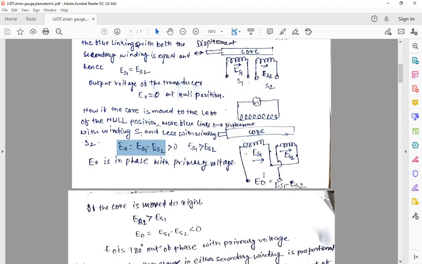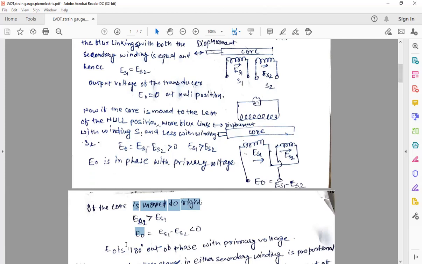So now suppose the core is moved from the null point to the right. So what happened? The voltage across the secondary winding ES2 is more than the voltage across ES1. So the output voltage, ES1 minus ES2, is less than 0.